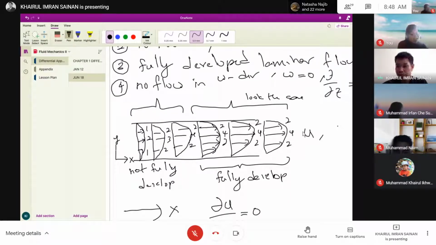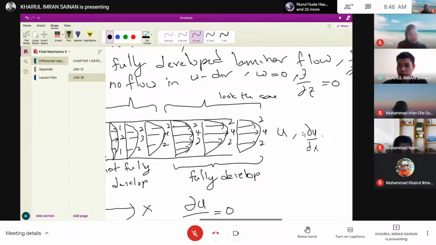Equals to? So you have del u over del x. So mathematically, we can put del u over del x equals 0. Right? Any question? For fully developed laminar flow.